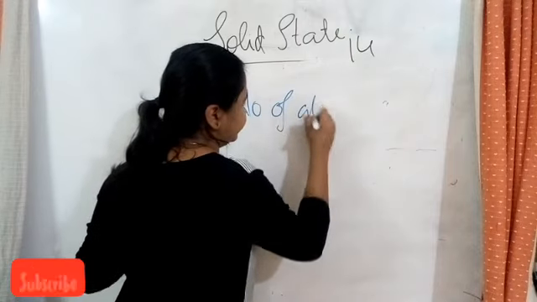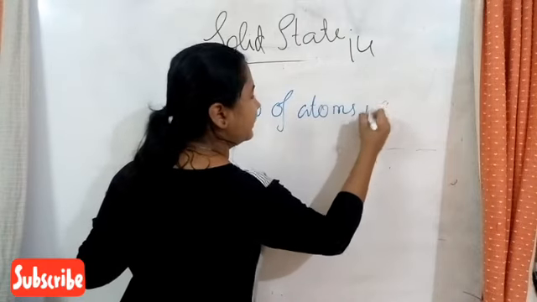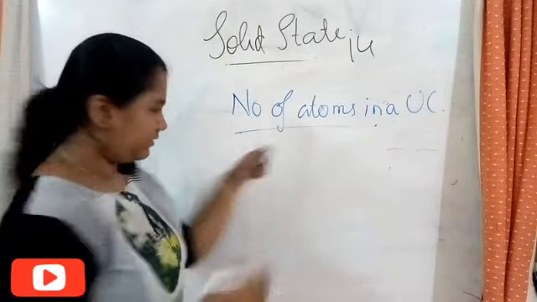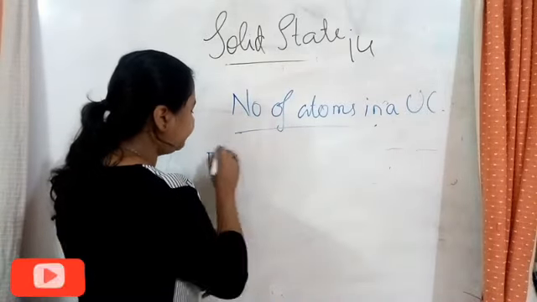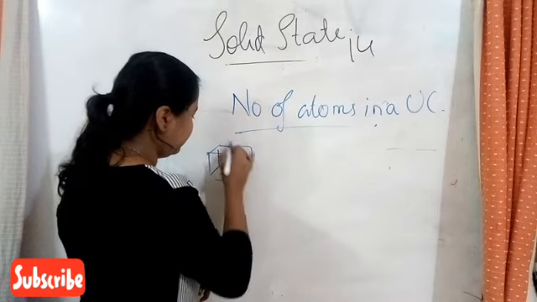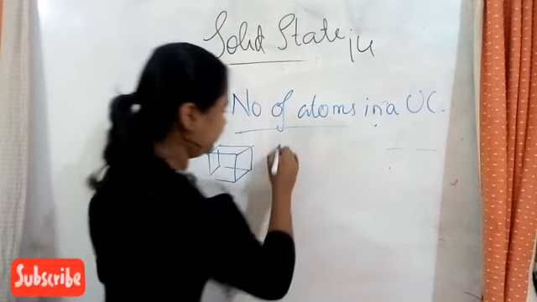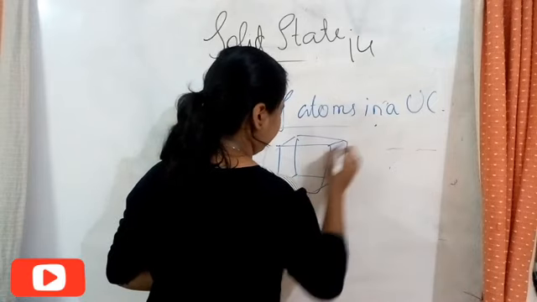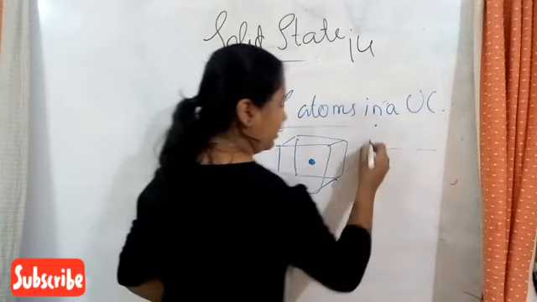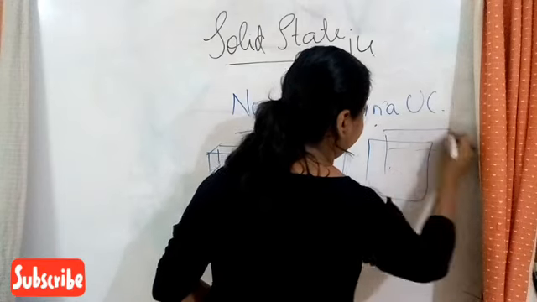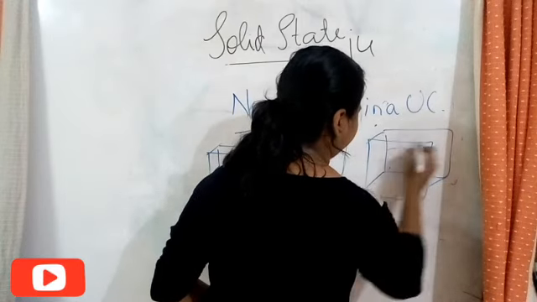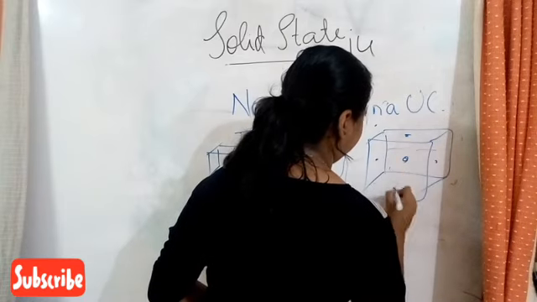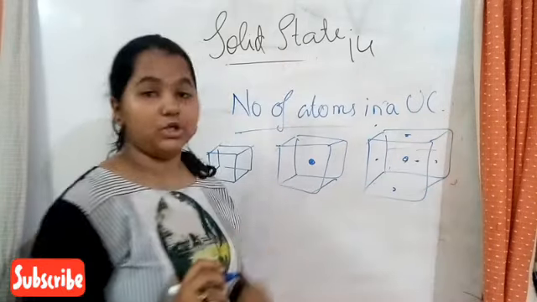Number of atoms in a unit cell. So we'll take simple cubic, then what? We have body-centered cubic, then face-centered cubic, and what?